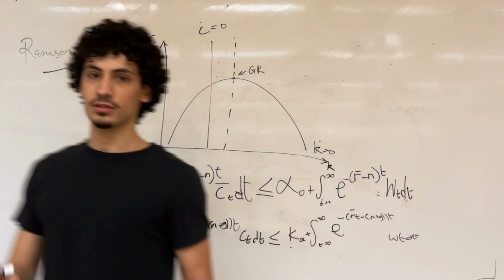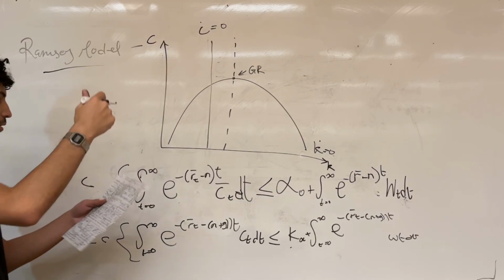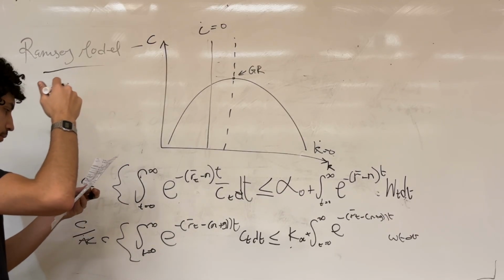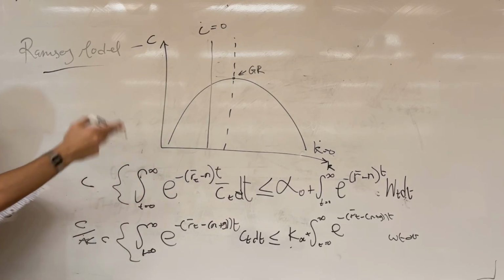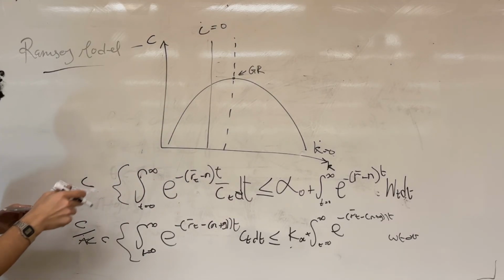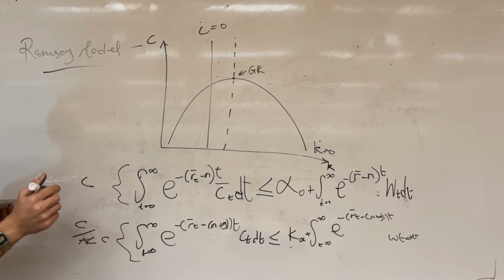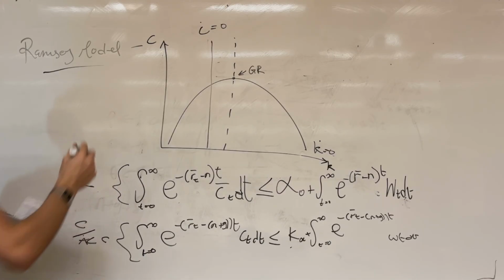This resource constraint then goes in the same equation as a budget constraint, which is here.